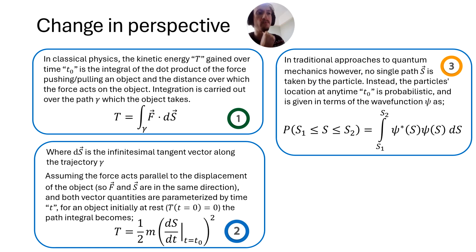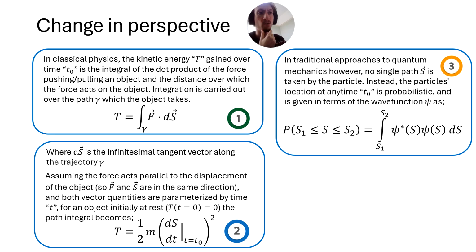So we can't define a curve gamma along which the particle moves. So we can't evaluate the path integral we have in box 1 to arrive at our expression in box 2.